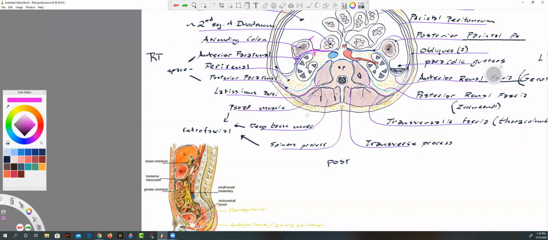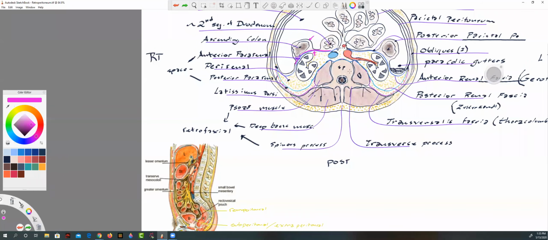Let's see, bordered anteriorly by the anterior renal fascia, and posteriorly by the posterior renal fascia. Superiorly, if we go farther up the body, this fascia comes together and merges.